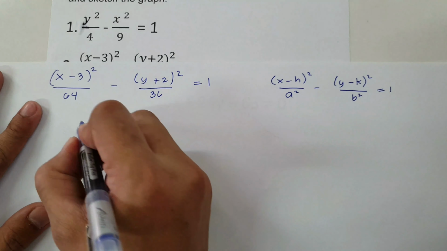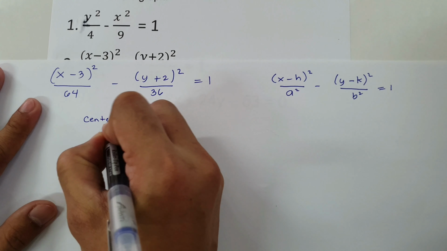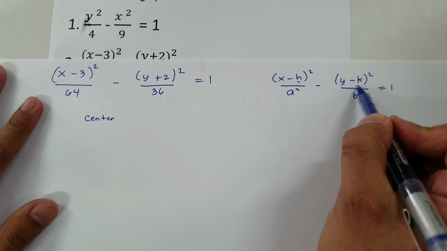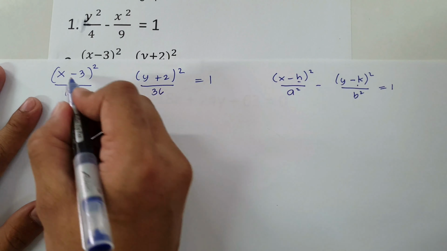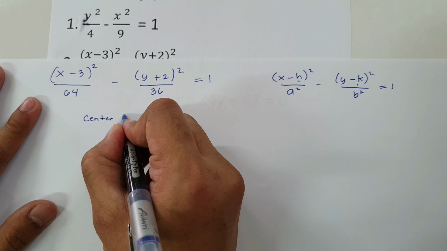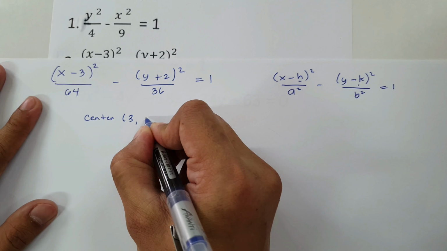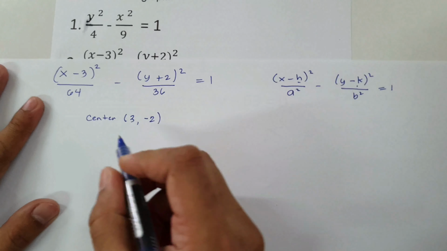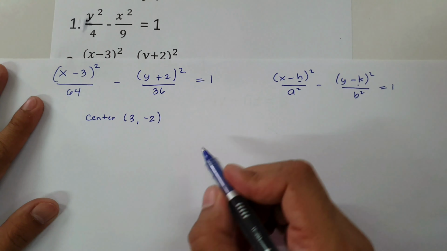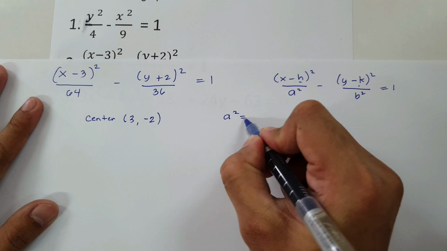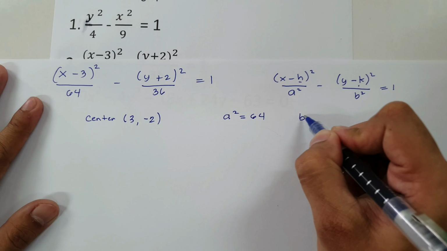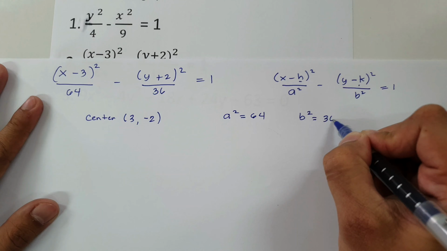Now let us determine the center. The center is always h, k. Since we have negative 3 and negative 2 inside the parentheses, the center is 3, negative 2. And then a squared is 64, b squared is 36.